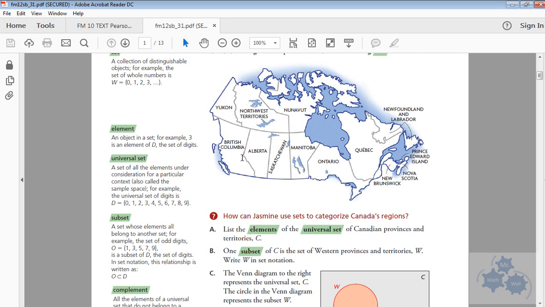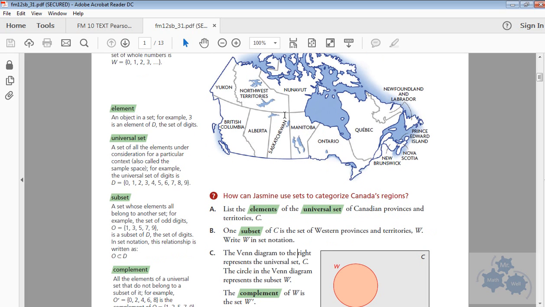Saskatchewan, Alberta, BC, those are provinces. So we could pick out some territories and some provinces to make the universal set. Everything that's here is the universal set. The subset of Western provinces and territories would be everything to the left of the middle over here.